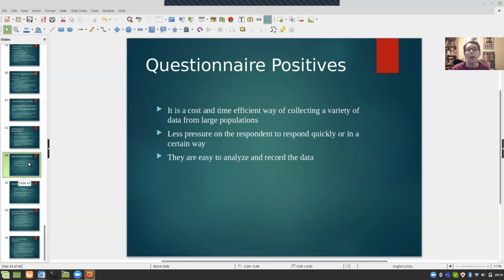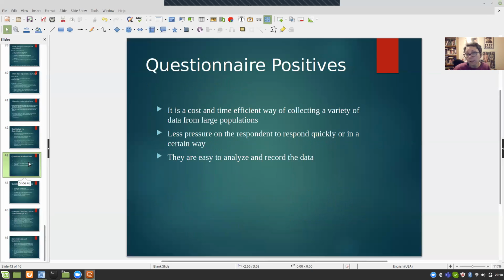So when would you use this method, right? When to use a survey? It's a cost and time efficient way of collecting a lot of data from large populations. It's less pressure on the respondent to respond quickly or in a certain way. So it's a little bit less intimidating than being in an interview, for example, or being in a photo voice or a focus group kind of situation.